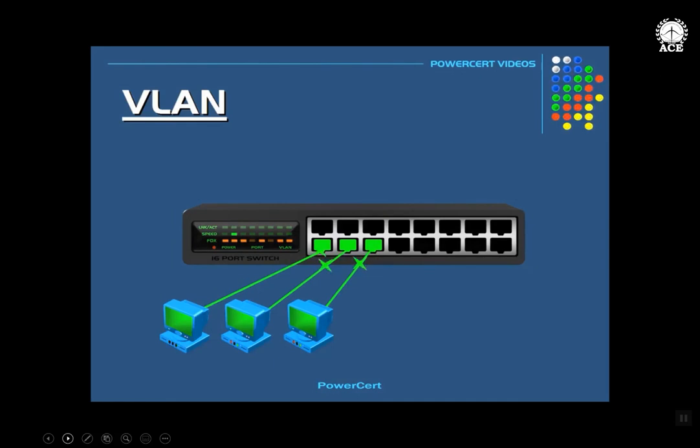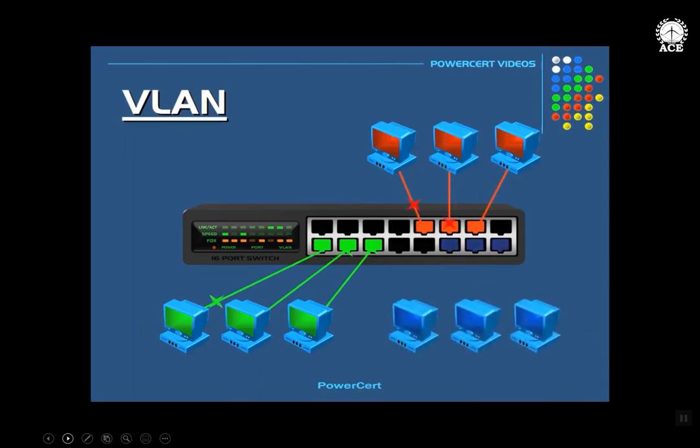Then we'll designate another set of ports on the switch and create another VLAN for the accounting department. And finally, we'll designate another set of ports for another VLAN for the shipping department. As you can see, the network traffic is separated between the departments because of the VLANs.